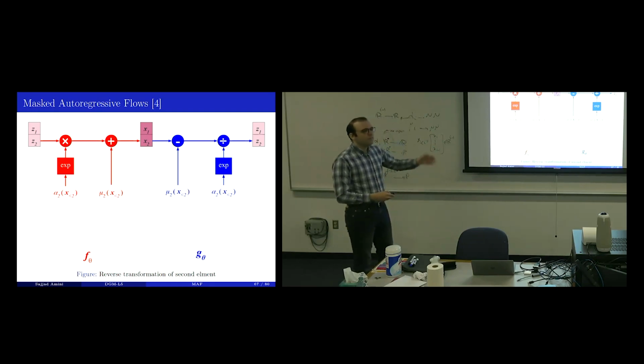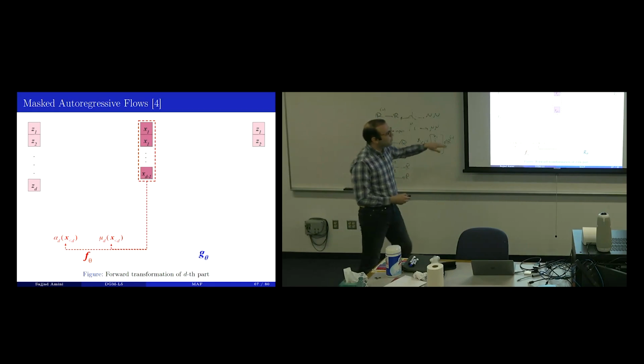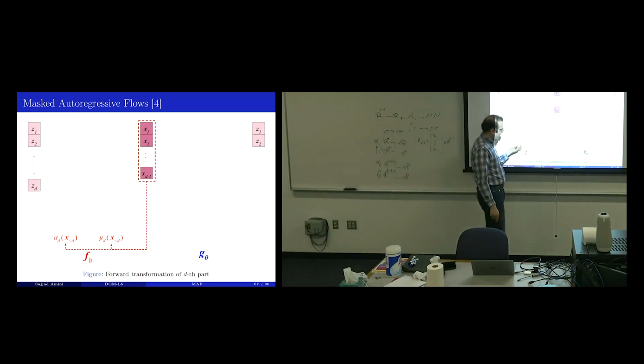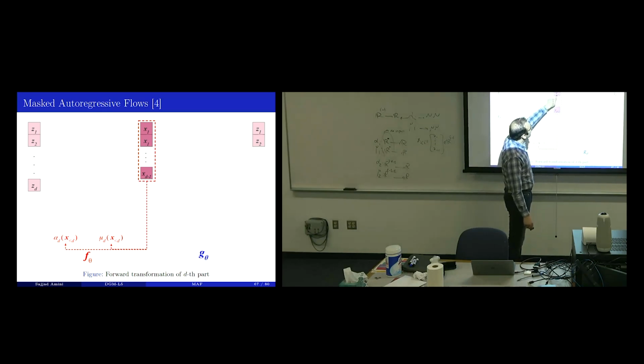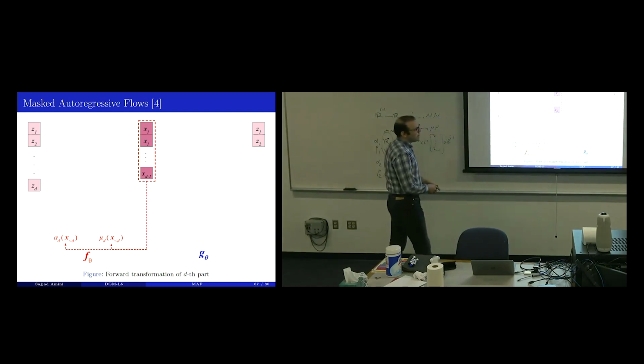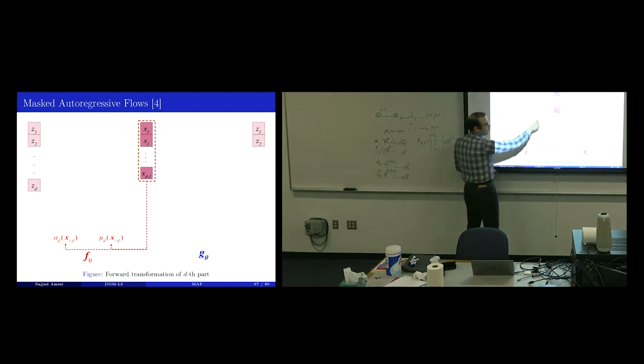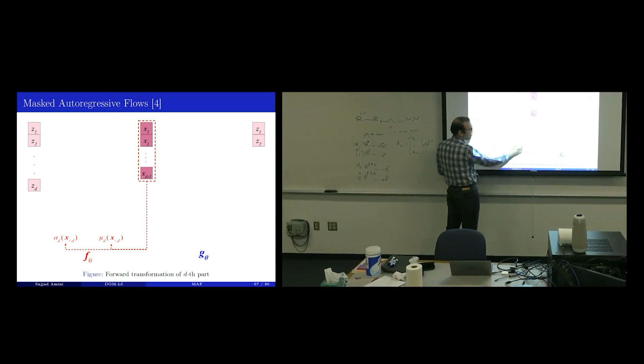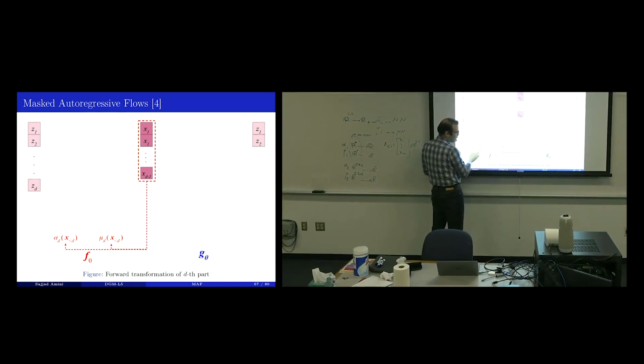So we continue this procedure for the arbitrary d elements. For the arbitrary d element, you previously generated, this is x2, this is not x1, this is x2. You previously generated x with the index less than d. What happened? First, you input the resulting d-1 dimensional vector in these two neural networks.